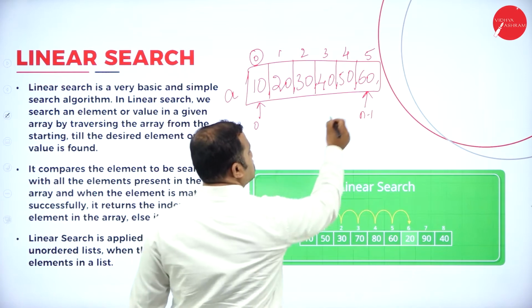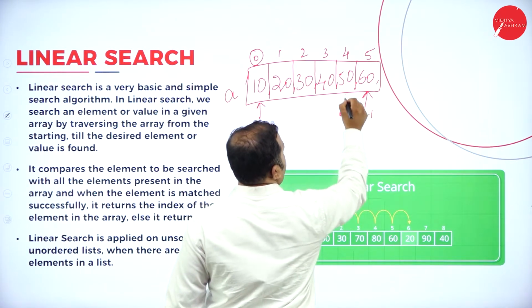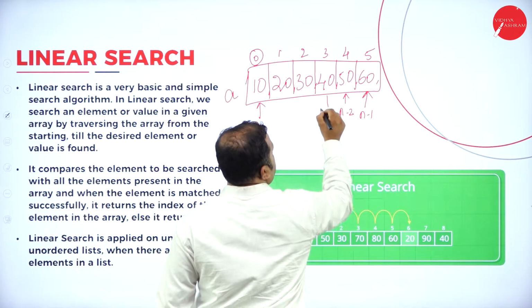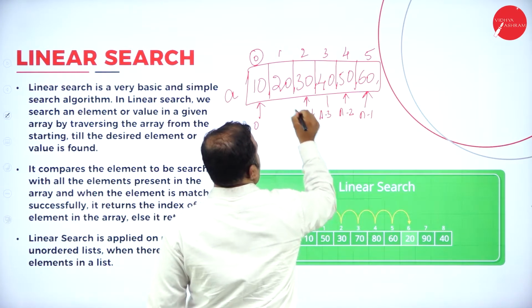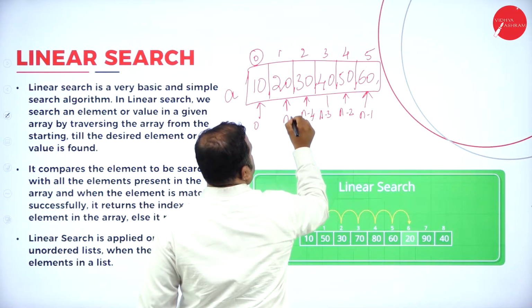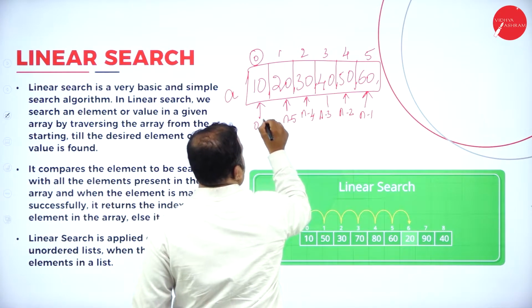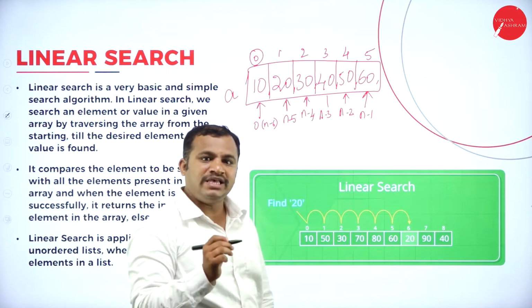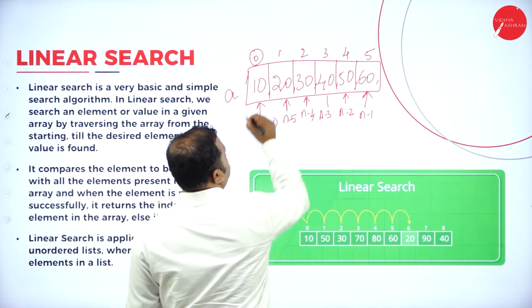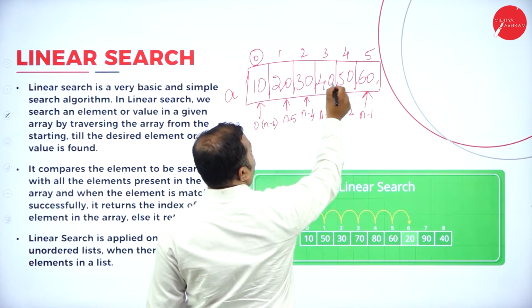I will call this as n-2 location. This as n-3, n-4, n-5, or in other words, n-6. If I substitute the value of n is equal to 6, totally how many elements are there? 1, 2, 3, 4, 5, 6.